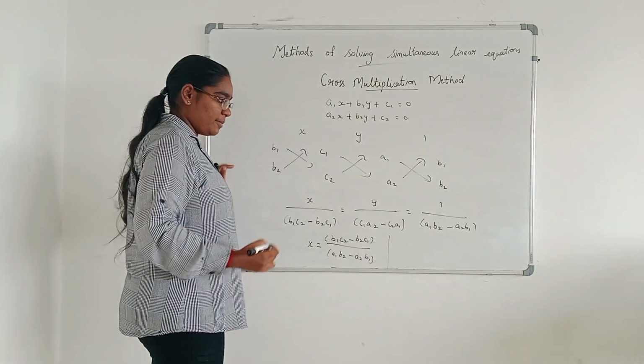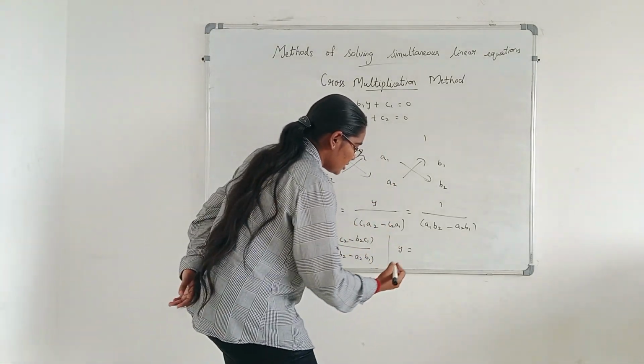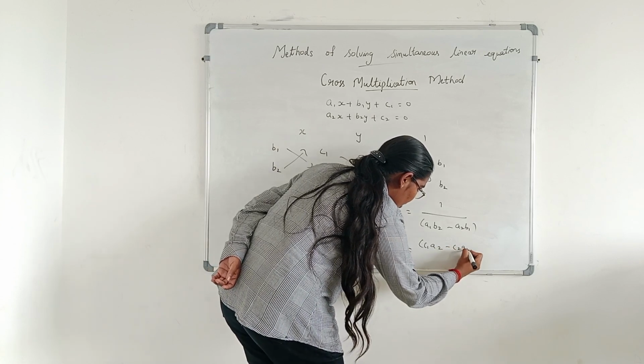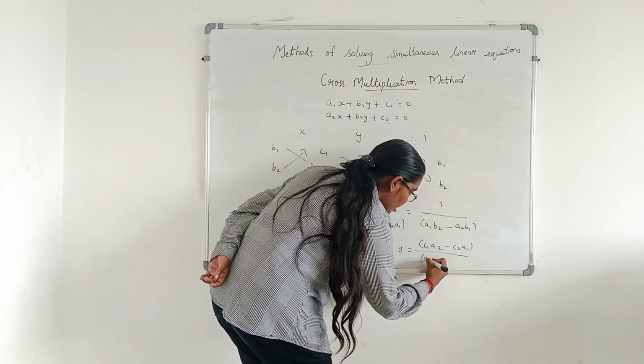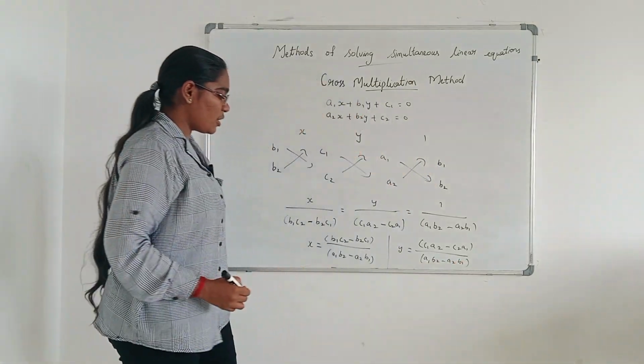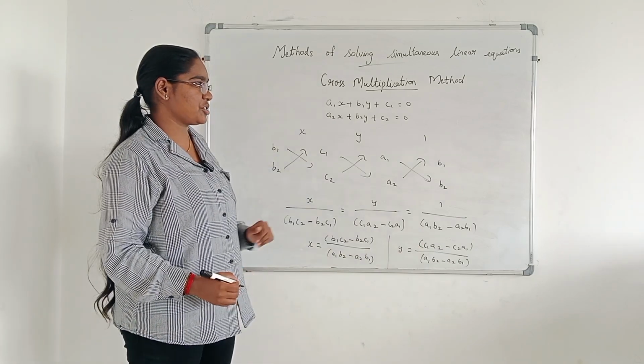In a similar way, y equal to c1 a2 minus c2 a1 divided by a1 b2 minus a2 b1. This is the formula to find the values of x and y in the cross multiplication method.